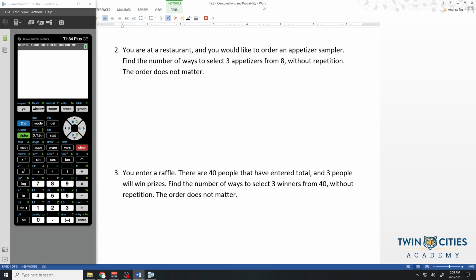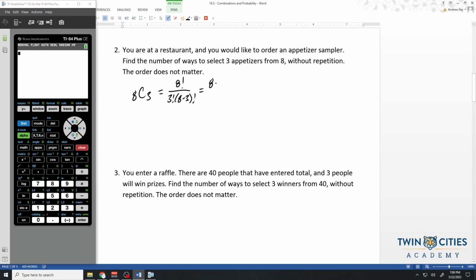So let's find out, of 8 appetizers, how many ways can we choose 3 of them without repetition, because we don't want to do 2 orders of the same thing, without the order mattering here. So that'll be 8 objects in total, 8 appetizers, and I'm going to choose 3 of them. Okay, so this will be 8 factorial over 3 factorial, and then 8 minus 3 factorial.